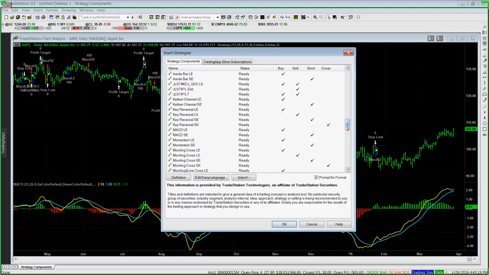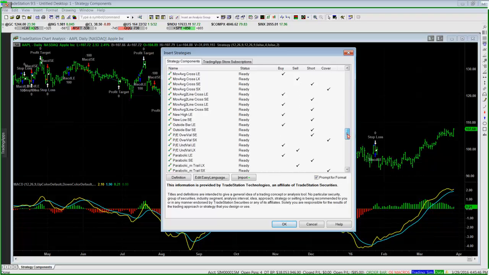The thing to remember, though, is as you add these to the chart, they do not create complex conditions. In other words, if I add MACD and momentum, the MACD and momentum don't have to be true at the same time in order for it to generate an order. They actually operate independently. So MACD can generate and will generate an entry or an exit independently of the momentum indicator or the key reversal.